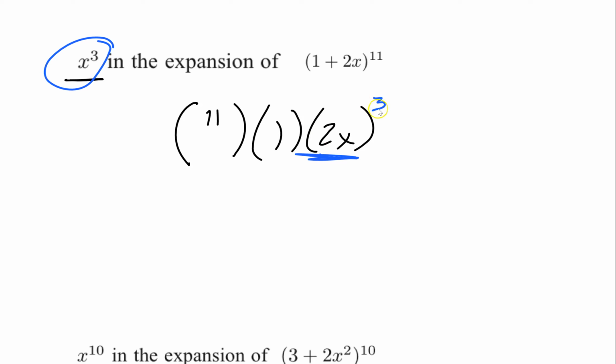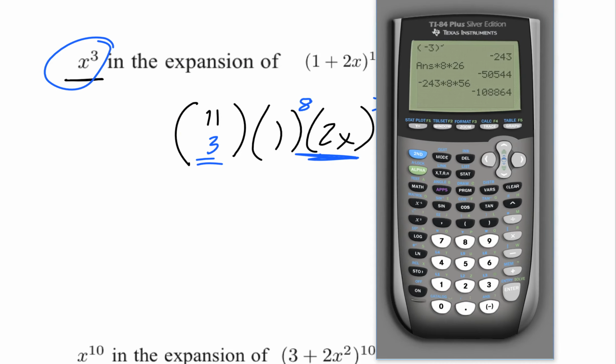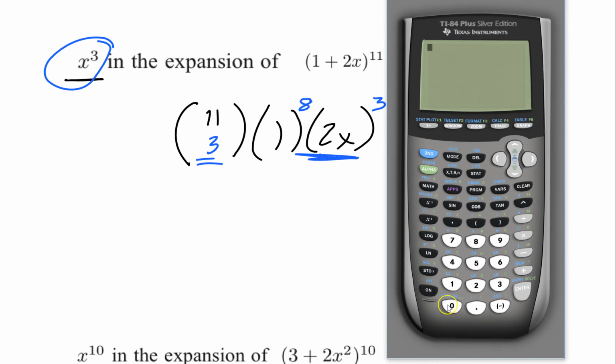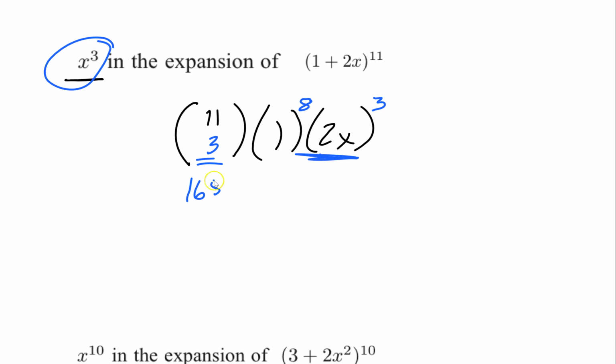And now look how it falls. If that's a 3, this has to be a 3. If that's a 3, 3 plus what equals 11? 8. And that's it. We just have to simplify this. 11 choose 3, I have no idea what that is. That's what we have calculators for. 11, math, nCr, 3. 165. 1 to the 8th power is still 1.